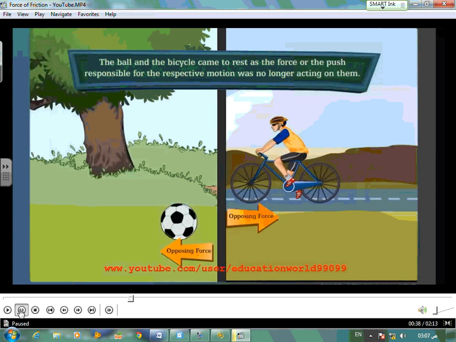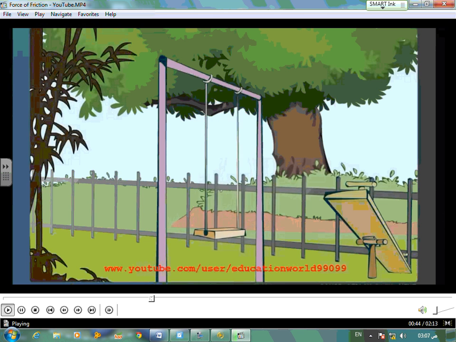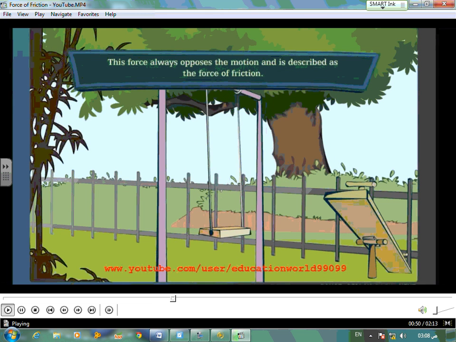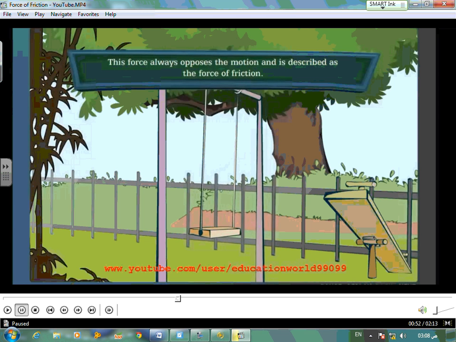And we found the force, that is friction force, is in the opposite direction of the movement. The force always opposes the motion and is described as a force of friction.